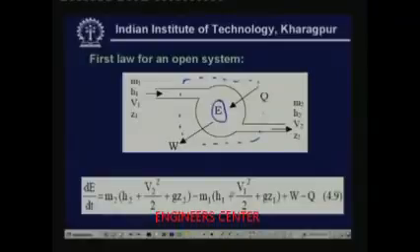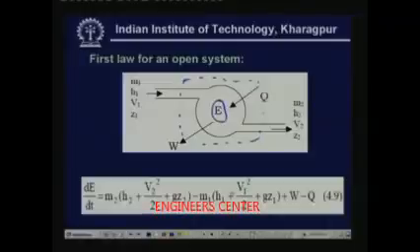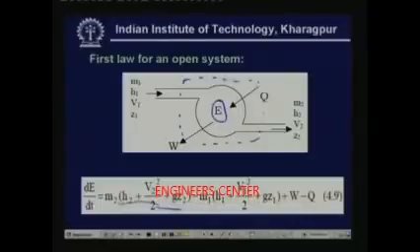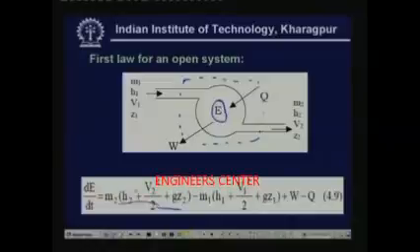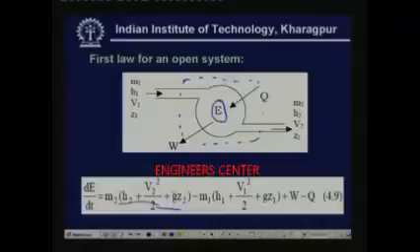On the right hand side you have quantities which signify the net energy flux into the system. For example, this term is the net energy flux out of the system because of the mass flow. For example, if m2 is 0, this term will not be there. So, this accounts for the energy flux out of the system because of mass transfer at the outlet.